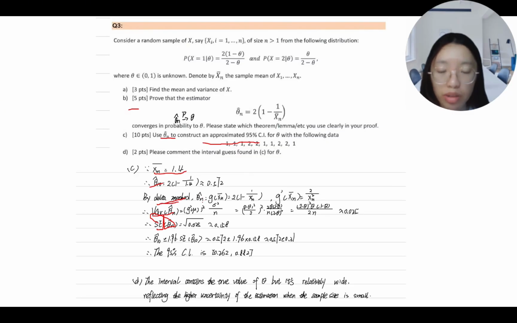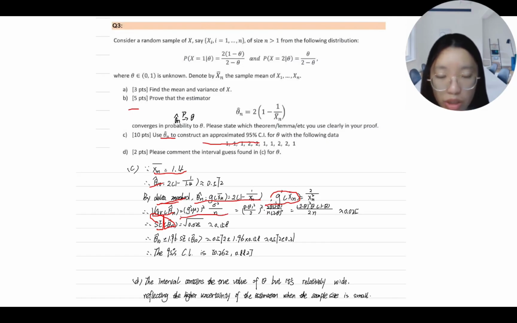And then we use the delta method. We got the X n bar is equal to this, and to calculate the deviations, using the delta method we can simplify the expressions and got the variance of theta 10 bar is equal to this expression.